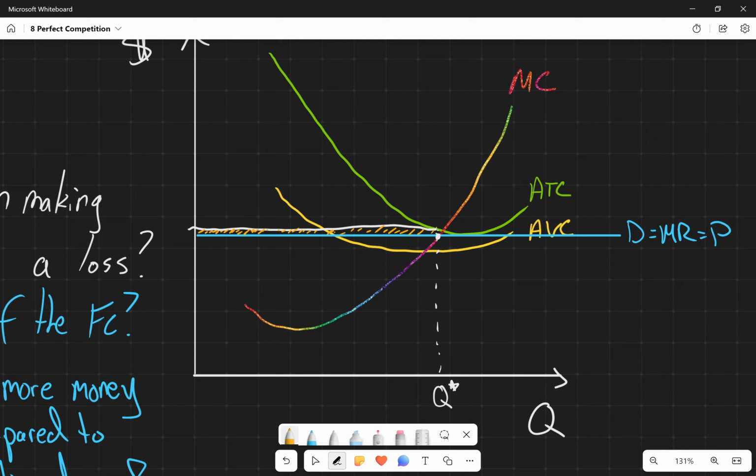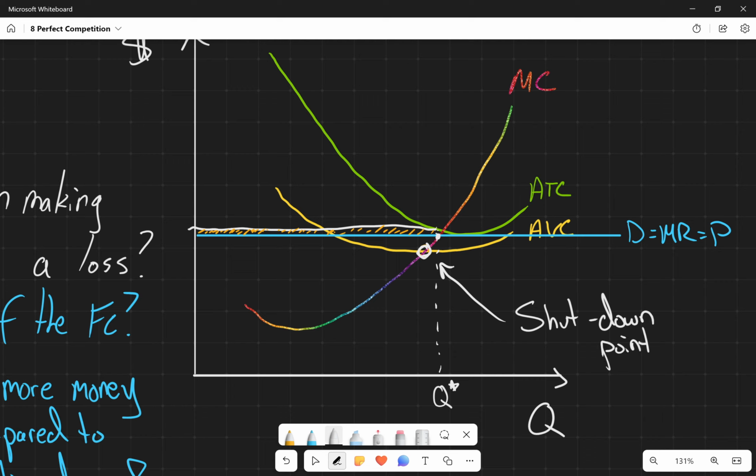And so whenever we're above the marginal cost, whenever we're above the average total cost, we're going to stay in operation. So we call this point where the average variable cost crosses the marginal cost the shutdown point.